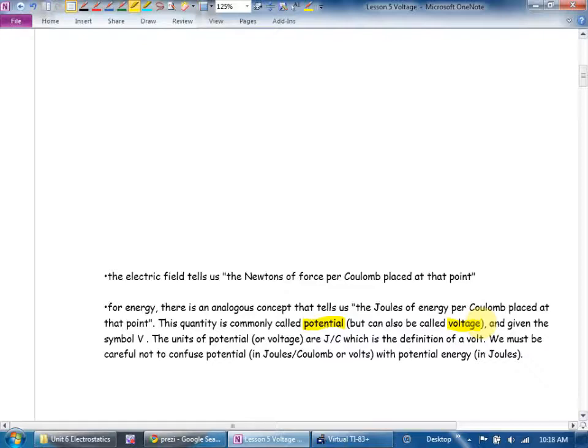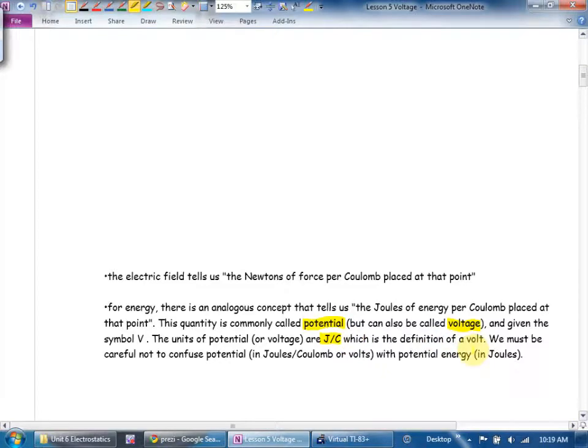Potential doesn't sound very different because it's the same root word. It's given the symbol capital V. The units of potential or voltage are joules per Coulomb, sort of like newtons per Coulomb for electric field, which is the definition of a volt.